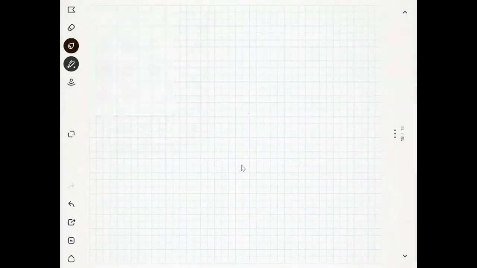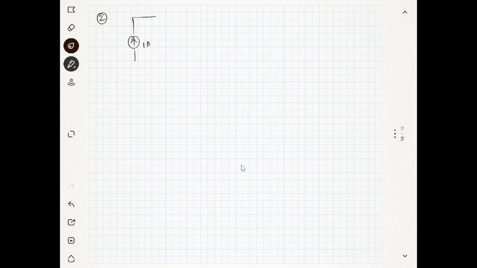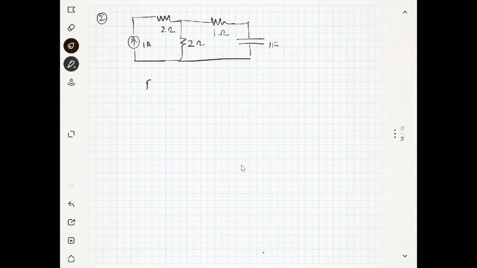The same kind of problem with a current source. It's a 1 ampere current source, a 2 ohm, a 1 ohm, and a capacitor of 1 farad. In this case, what will be R equivalent?